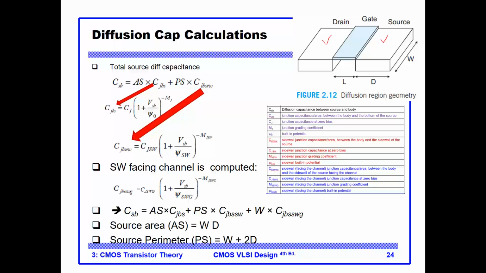It happens when the N plus material of the source touches the P material of the substrate. There are two regions where this happens: at the bottom of the N plus and at the side walls.